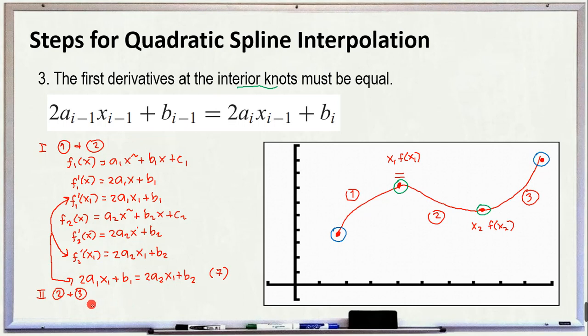This is 2a sub 2 x sub 2 plus b sub 2 equals 2a sub 3 x sub 2 plus b sub 3. And it would result for the 8th equation. Okay, wala naglibog ani. Ako lang gilahos for the second pair ha. Nasabta naman ninyo ang pattern or nasabta na ninyo ang derivation. Wala problema.